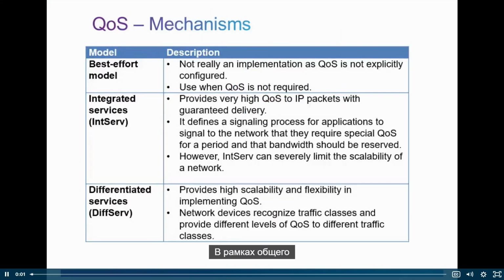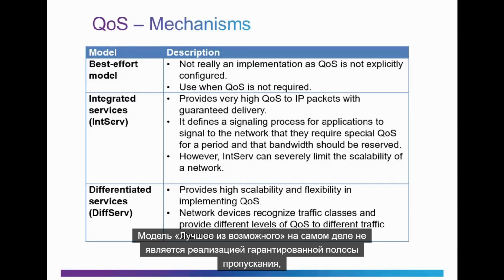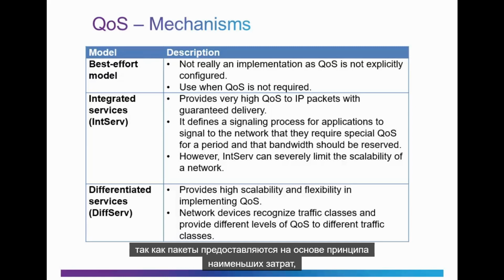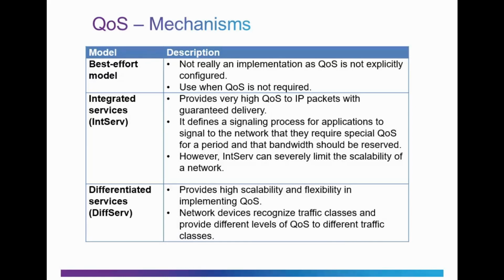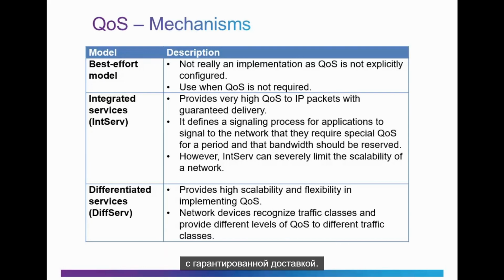In a very general understanding of QoS mechanisms, let's first look at the QoS models. The best effort model is not really an implementation of QoS, as packets are delivered on a best effort basis, and QoS is not really required or configured. The integrated services model, or IntServ model, provides a very high degree of QoS to IP packets with guaranteed delivery.